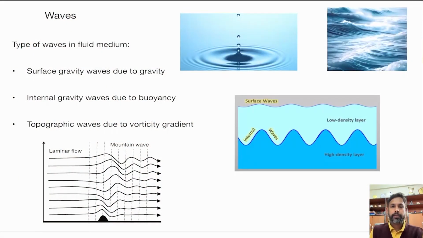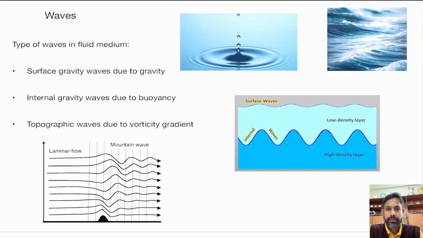So this is how waves look like, and I'm sure most of you have seen this kind of waves getting formed on water. What you see here is several different pictures, and these belong to different kinds of waves that generally form in a fluid.